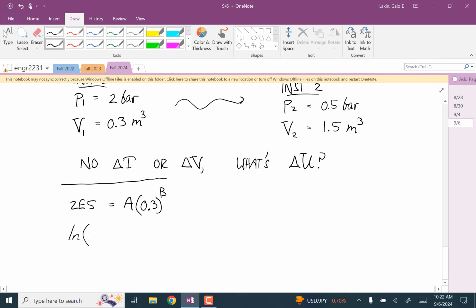Natural log of 2 times 10 to the 5th is equal to the natural log of A plus B times the natural log of 0.3.